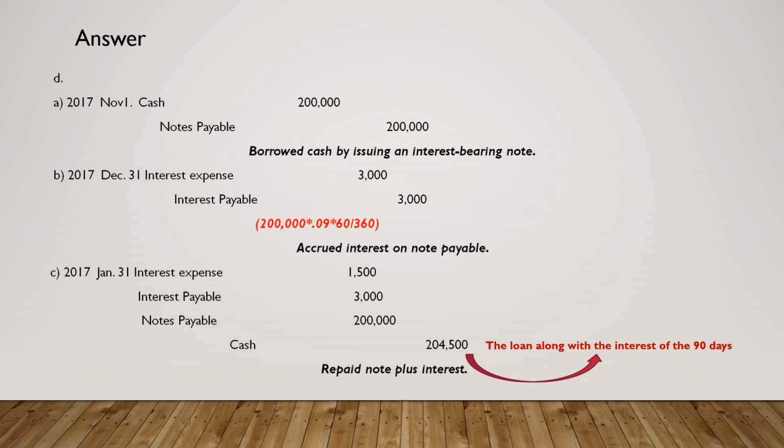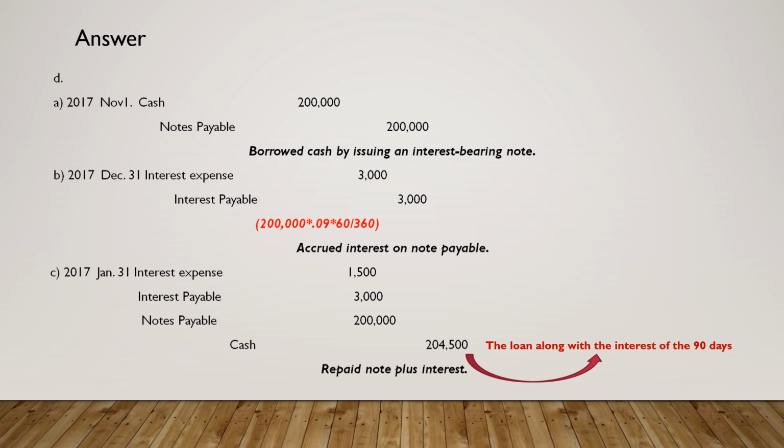I just recorded the interest expense for the last 2 months in 2017, which are the first 2 months of the note. However, I did not record the interest expense for the last month of the note, which is the first month of 2018, January. So I debit the interest expense for the 1,500, the month of January in 2018, and I debit the interest payable of 3,000 that we already recorded in the previous entry, since I'm now paying the interest.